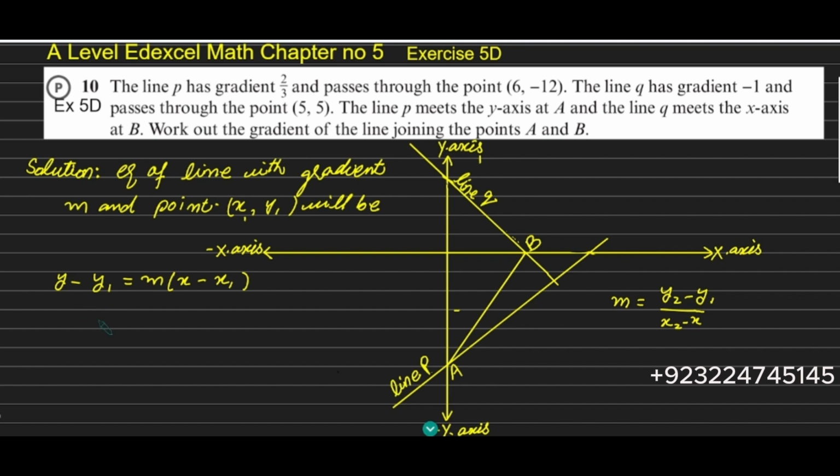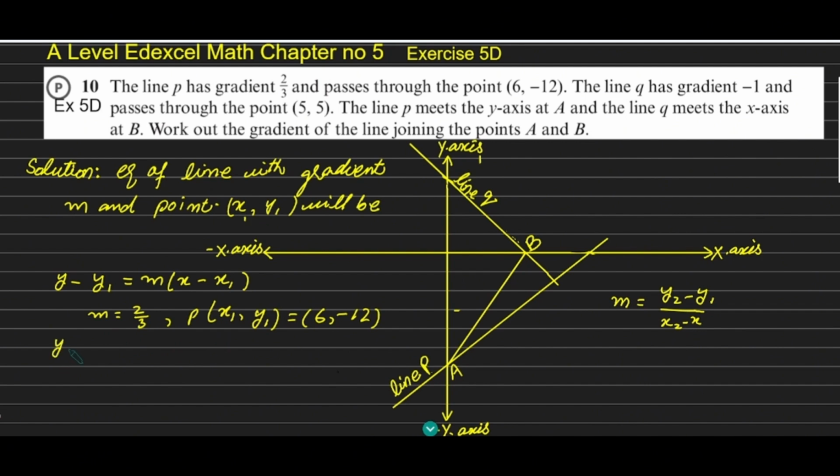We will use this equation to find the equation of line P. As the gradient is 2 by 3, we have m equal to 2 by 3, and the point is x1, y1 equal to 6, minus 12, as we can see here. So we replace the values of the point and slope.